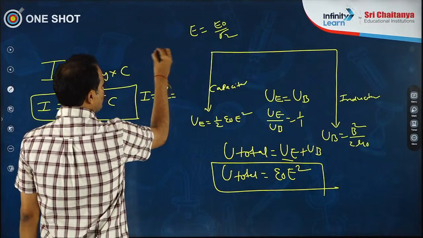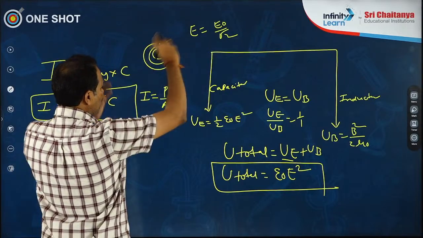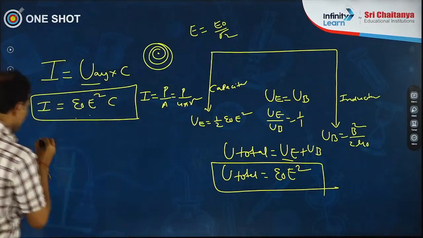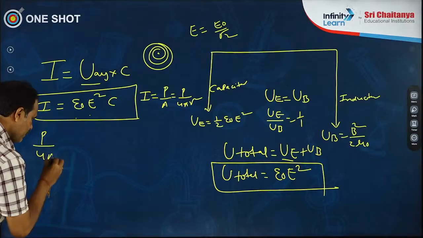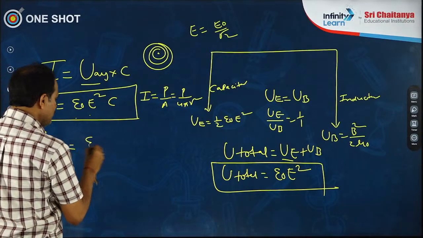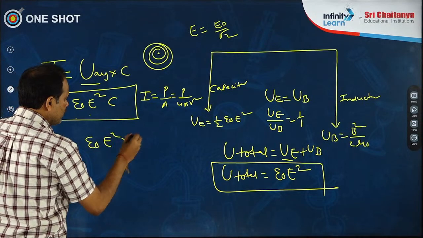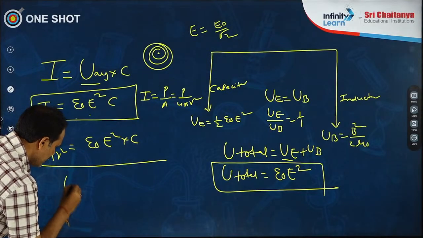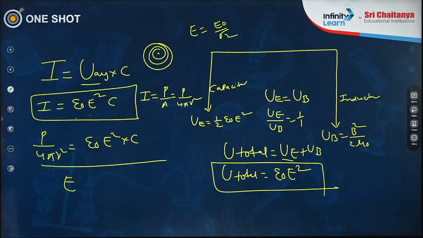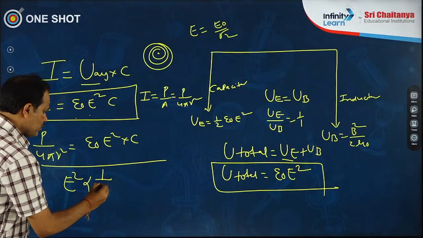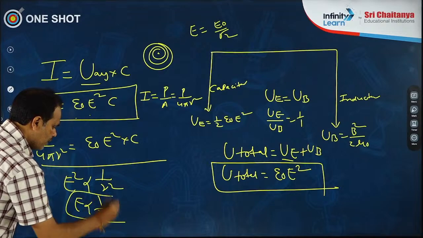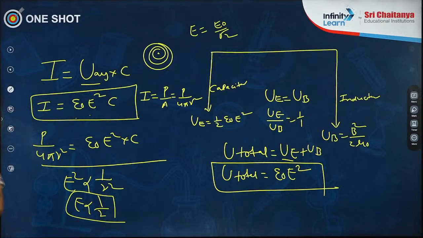Any point source emits waves spherically, so P by 4 pi R square is equal to epsilon naught into E square into C. Based on this, one more important point: in case of an electromagnetic wave, electric field at a distance, E square is proportional to 1 by R square, that is E is proportional to 1 by R, E1 by E2 is equal to R2 by R1.